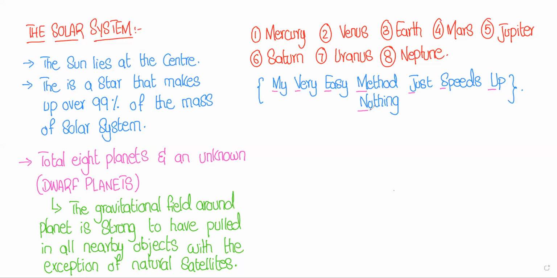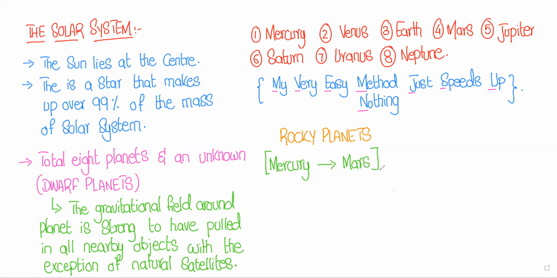Further, if we talk about how many of them are solid and how many are gas planets: if we consider rocky planets, it means solid-type planets. In the category of rocky planets we have Mercury, Venus, Earth, and Mars.